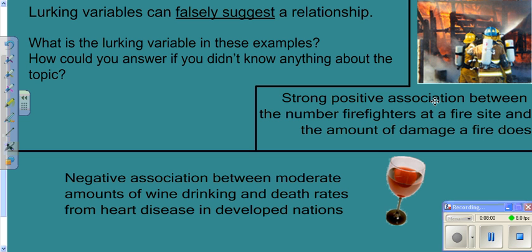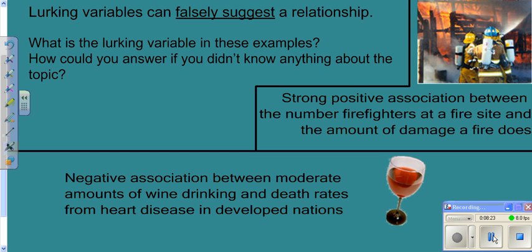So does that mean increasing the firefighters causes it to be a worse fire? No. It's really the size of the fire that is your lurking variable. At a large fire, you're going to end up getting more firefighters to show up to fight it. And hence, because it's a large fire, you're going to have more damage.